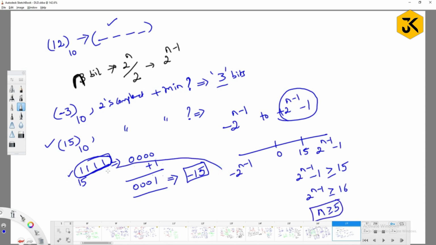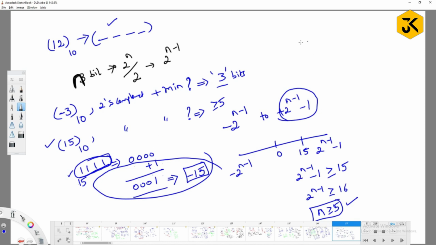Earlier I gave a general overview example, and now with the help of logic, I made it a conclusion. So here the n value should compulsorily be greater than or equal to 5 only. Without at least 5 bits, it is not possible to represent 15.